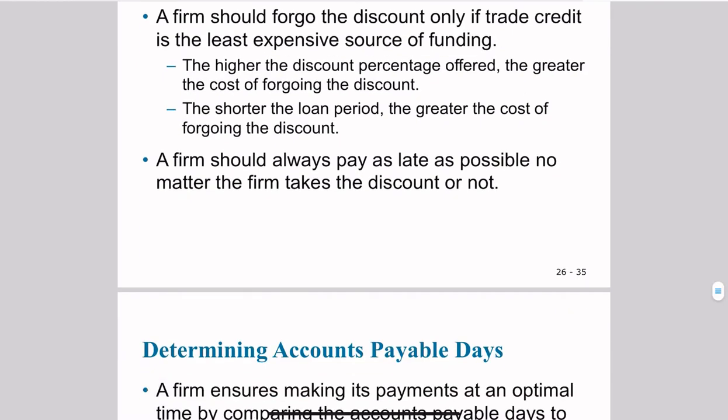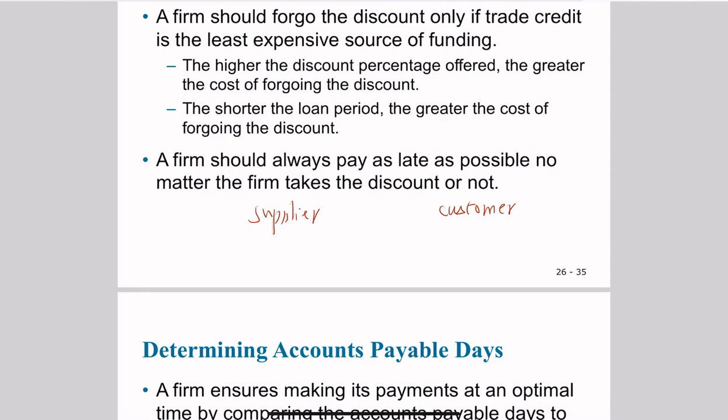So basically, if you have a firm, let's say this firm is a supplier. And then there is a buyer or customer, which buys something from this supplier.